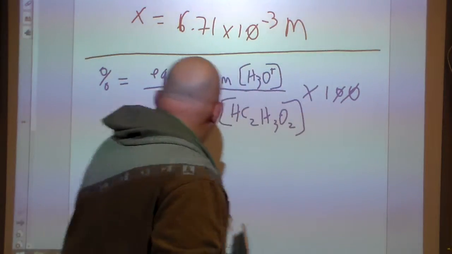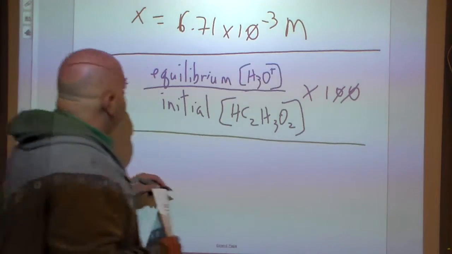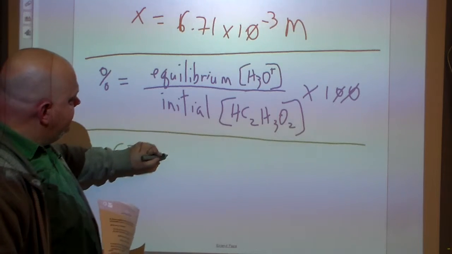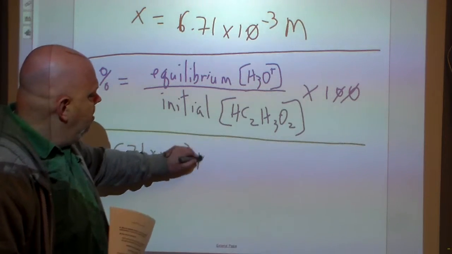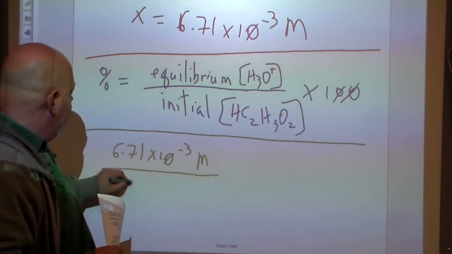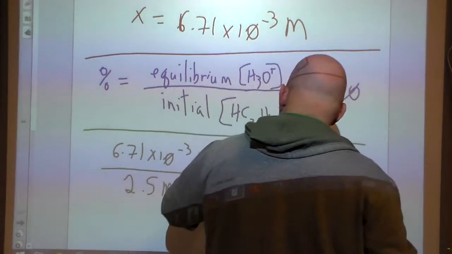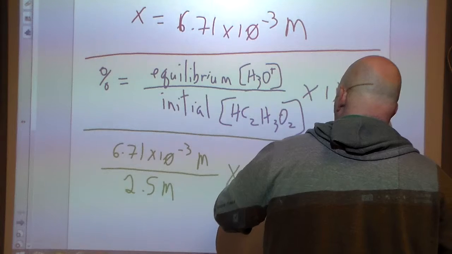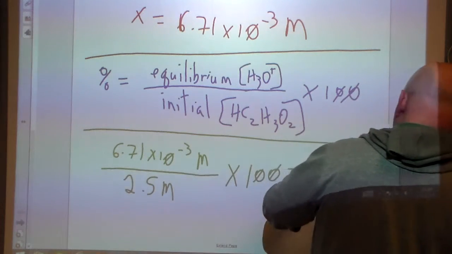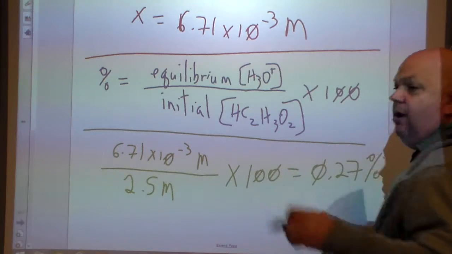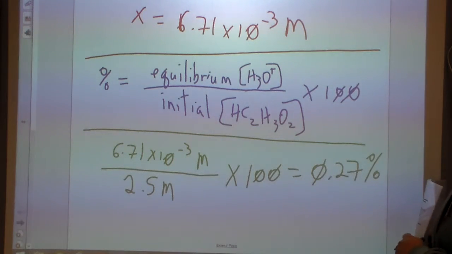So let's finish this off. 6.71 times 10 to the minus 3 molar divided by 2.5 molar, multiplied by 100, gives us 0.27%. I rounded to the second decimal place.